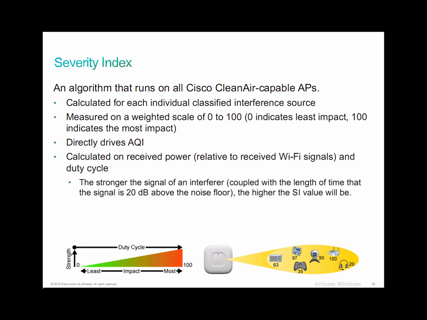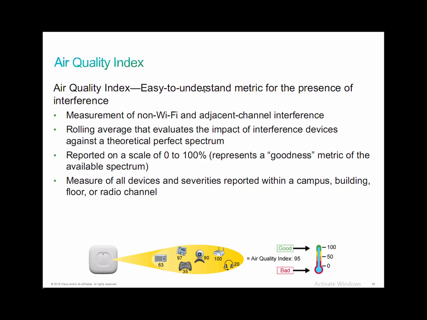All righty. As I said, the air quality index is more of a measure of the spectrum as a whole, as opposed to looking at individual devices. It's basically just a concept of characterizing air quality based on all the SI information that we're collecting.